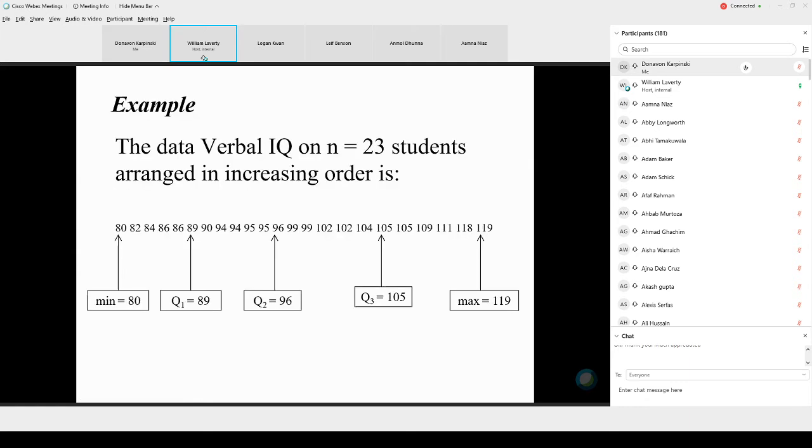Then to draw, there's those 5 numbers for verbal IQ. The median is 96. Q1 is 89, median of the lower half. Q3 is 105, median of the upper half. The minimum is 80, the maximum is 190.